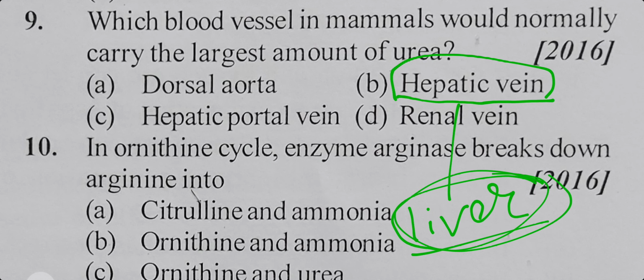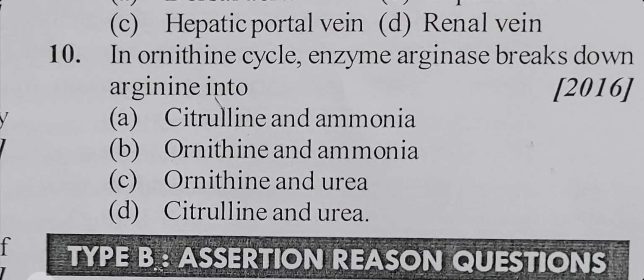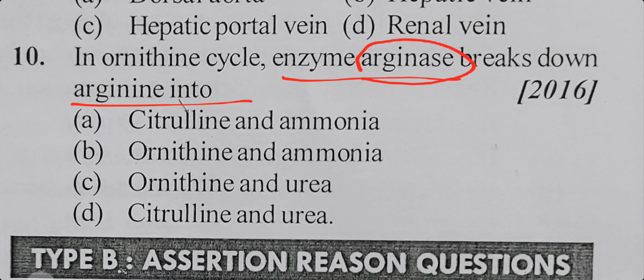The question here is, in the ornithine cycle, that is the urea cycle, the enzyme arginase breaks down arginine into what? Here what you have to know is about the arginase enzyme.